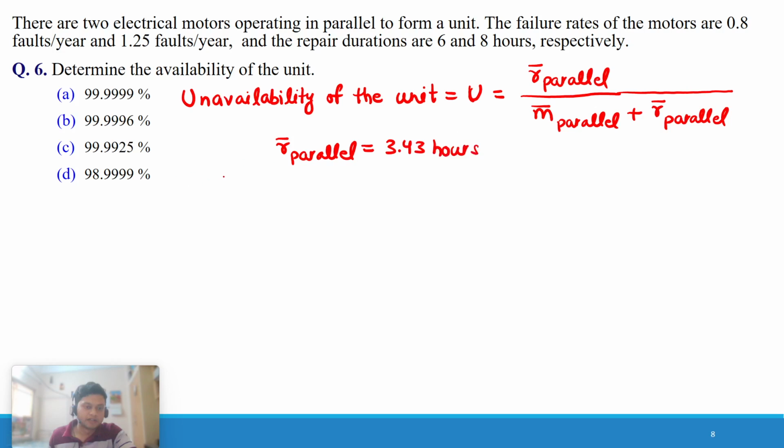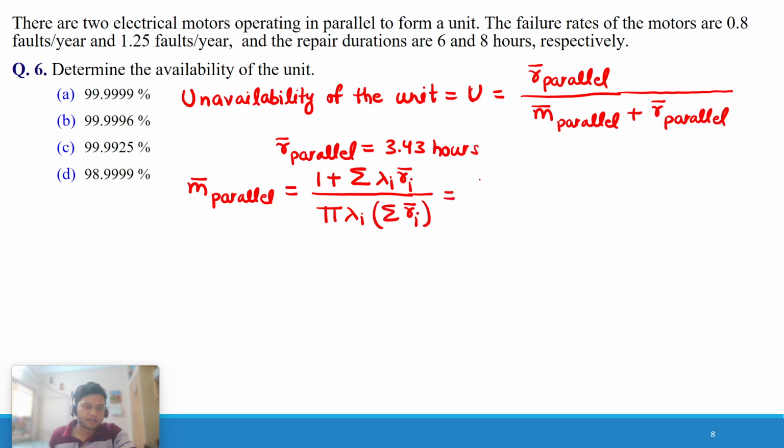M bar parallel: the equation is 1 plus the summation of lambda i Ri bar, divided by the multiplication of lambda i times the summation of Ri bar.